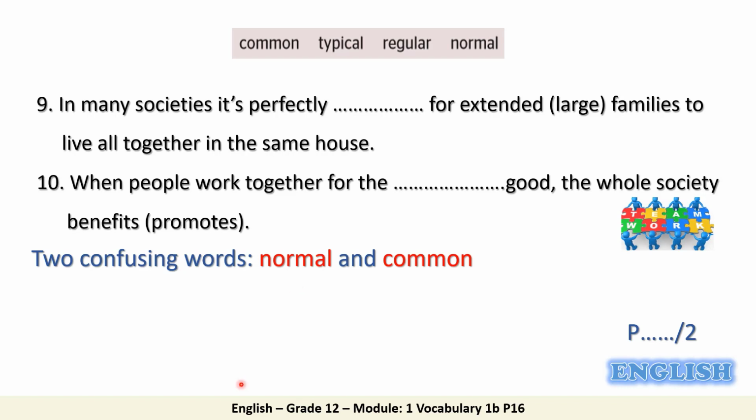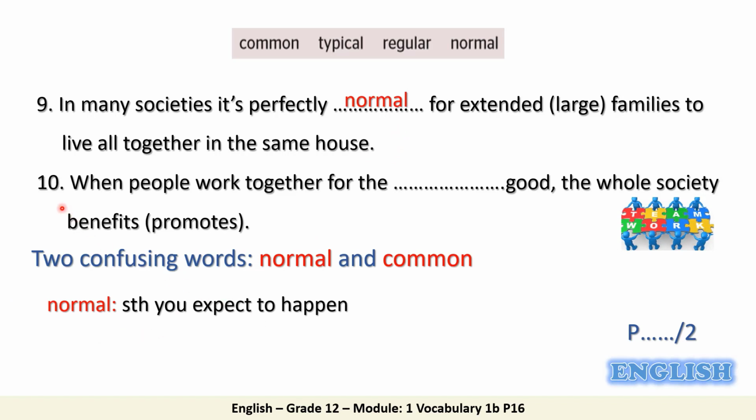Let's go. In many societies, it's perfectly... how about your answer? Exactly, it's normal for extended families, for large families, to live all together in the same house. Why did you choose normal? Because normal is something you expect to happen.